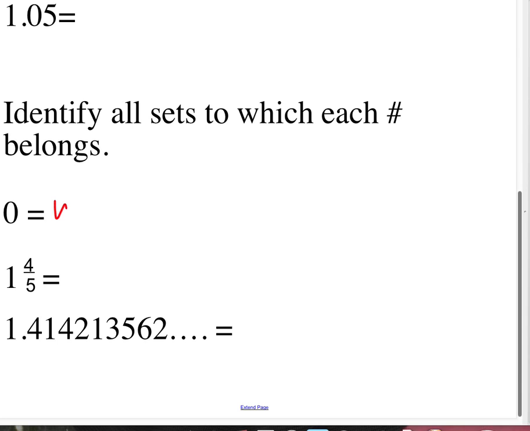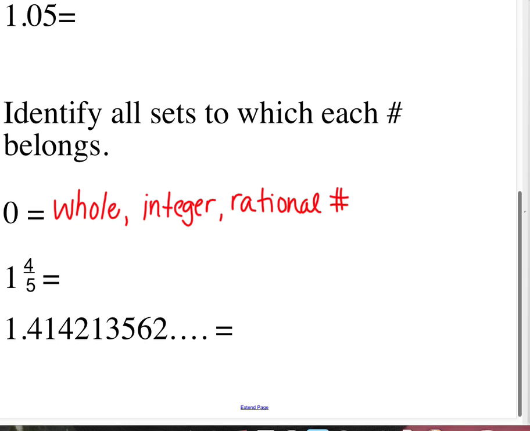So it was in the whole number bubble, or balloon, which is also inside the integer balloon, and both those balloons are inside the rational number box. So if I were going to classify 0, I would say that it is a whole number, it's also an integer, and it's also a rational number.